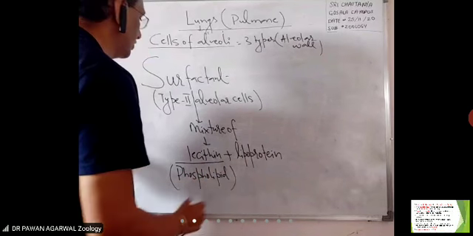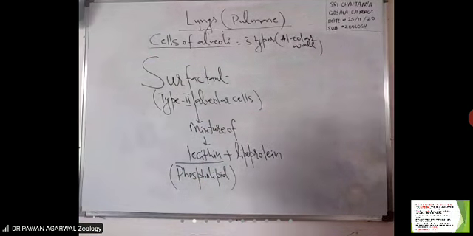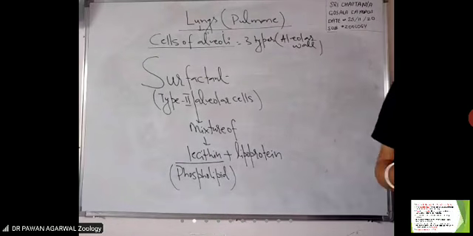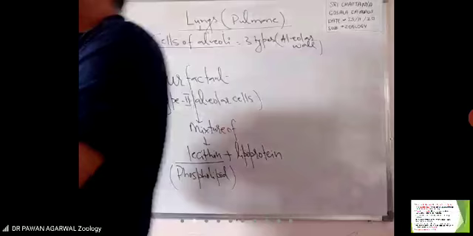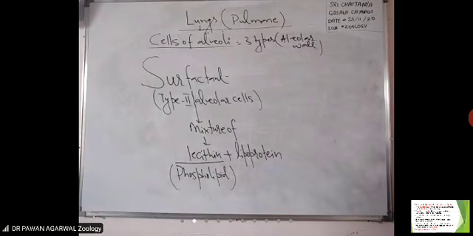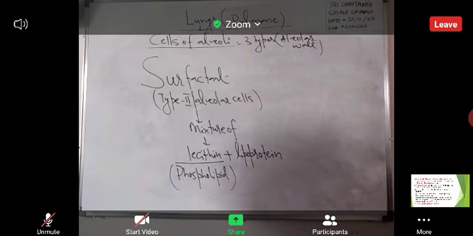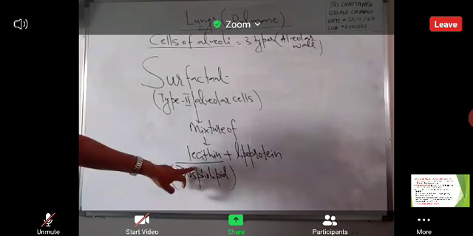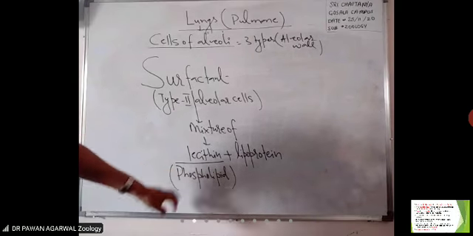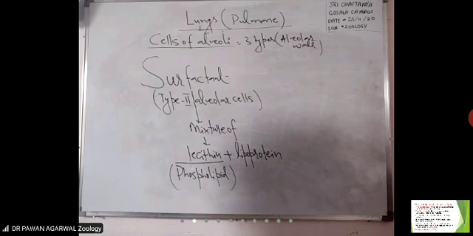So the type 2 alveolar cells of the alveoli are secreting a substance that is known as the surfactant, and surfactant is a mixture of phospholipid, that is the lecithin, and the lipoprotein.